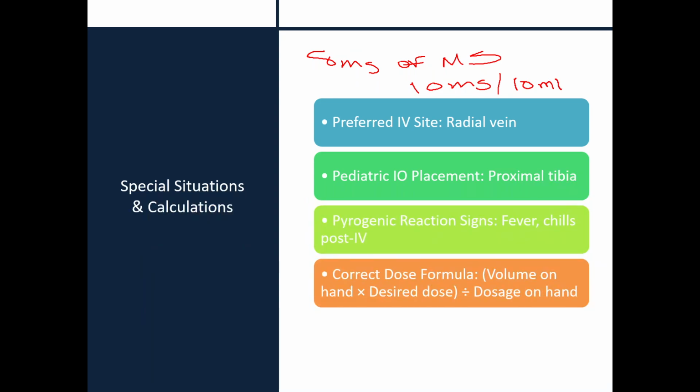10 mLs. All right. So let's see here what our volume on hand is. The volume that we have is 10 mLs, right? And the desired dose here is 8 milligrams.